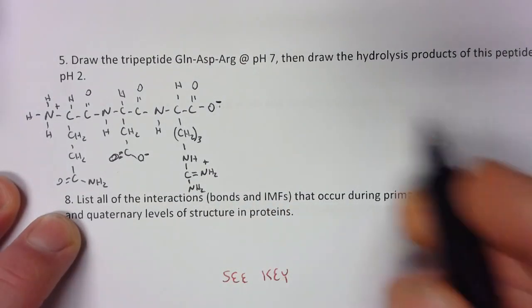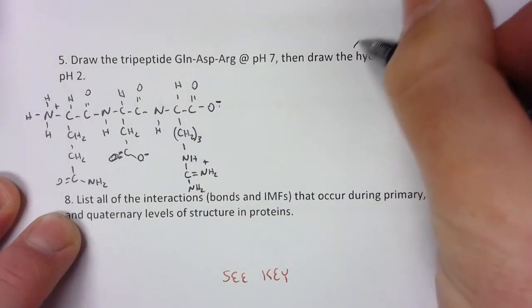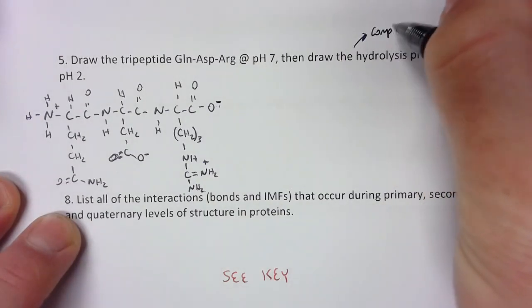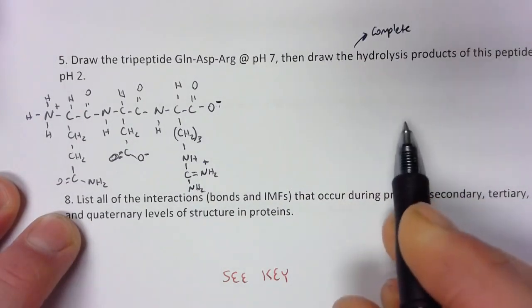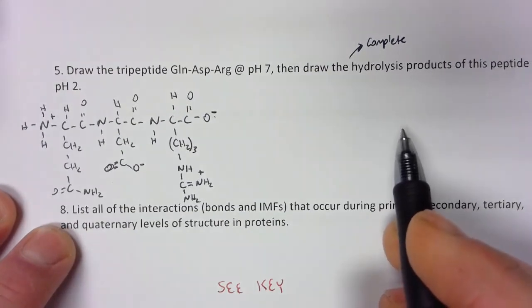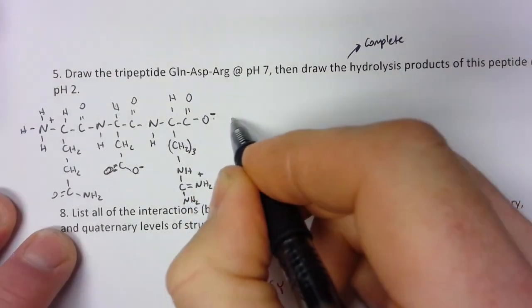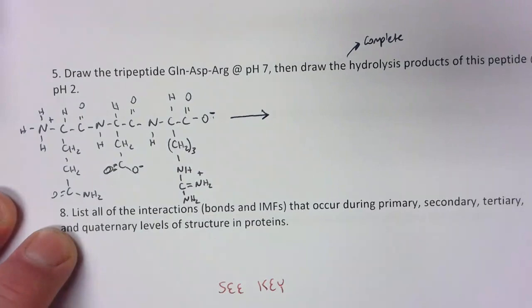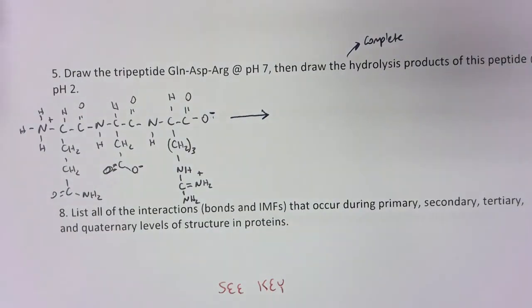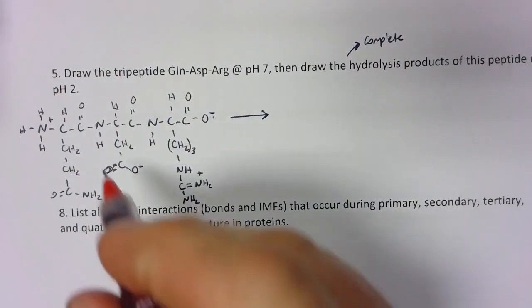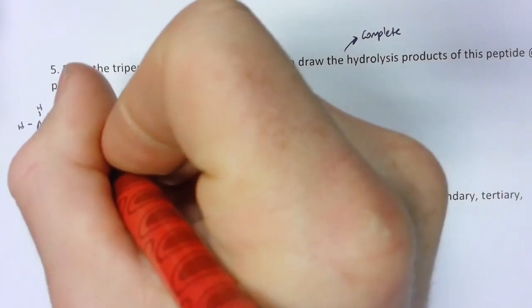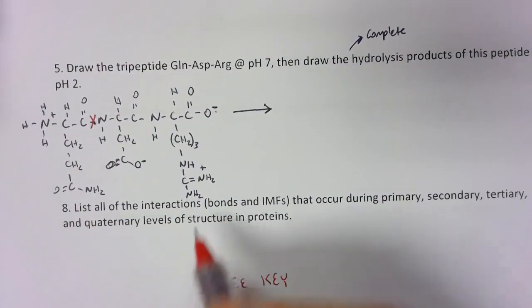And then we're going to draw the product from the complete hydrolysis. And so let me just show you what water is going to do. Water will break the bonds at 2 places. It will break a bond here, and then water will break a bond here.